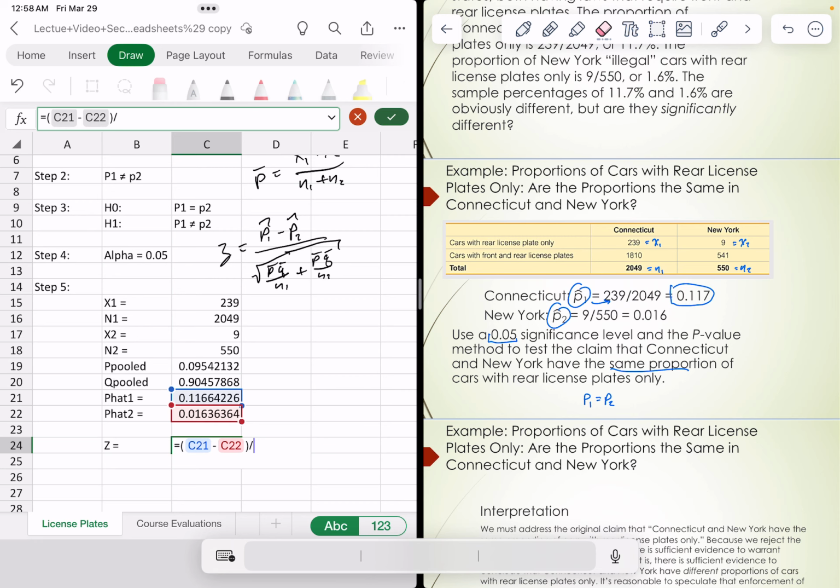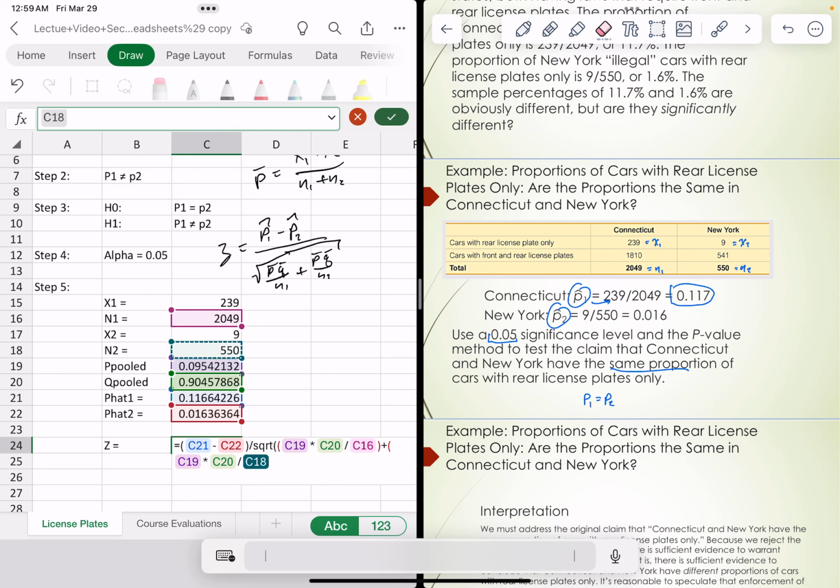Divided by square root of, I'll do parentheses, P pooled times Q pooled divided by N1, close parentheses, plus, open parentheses, again, P pooled times Q pooled divided by N2.